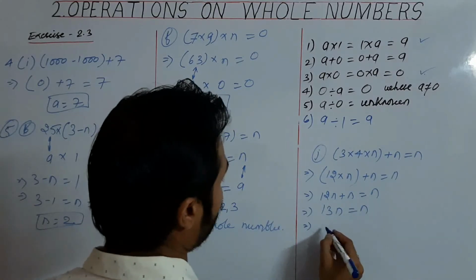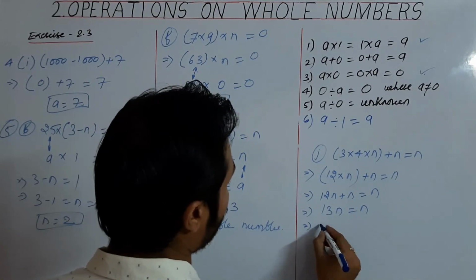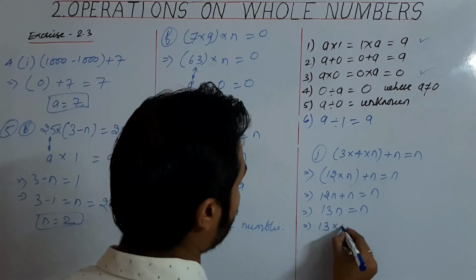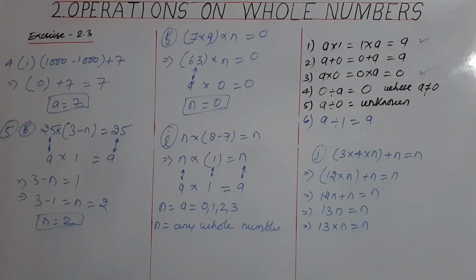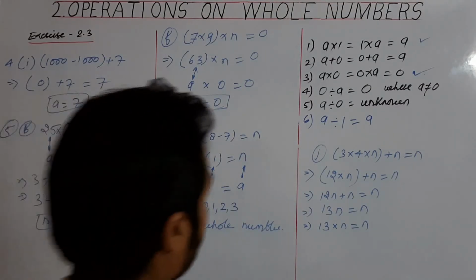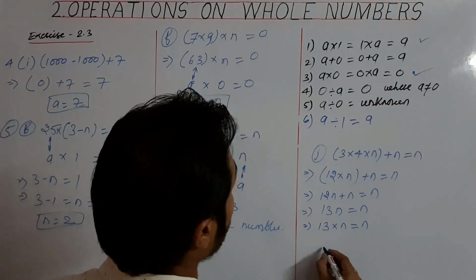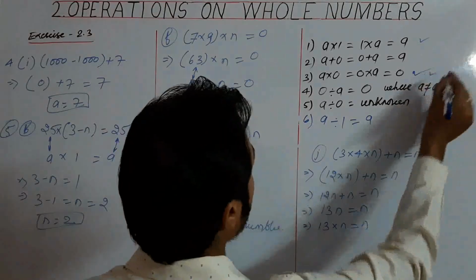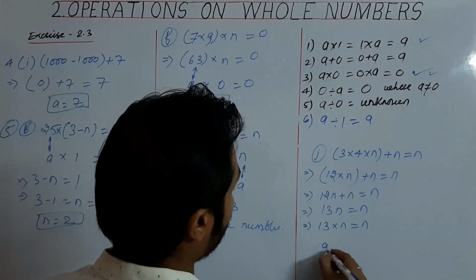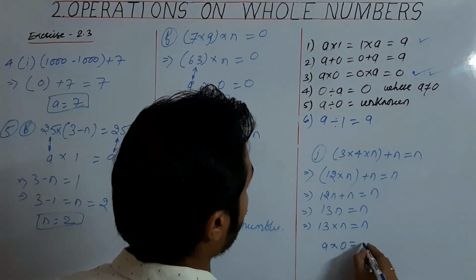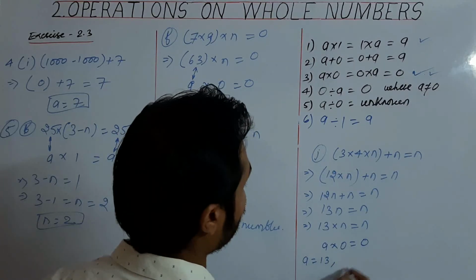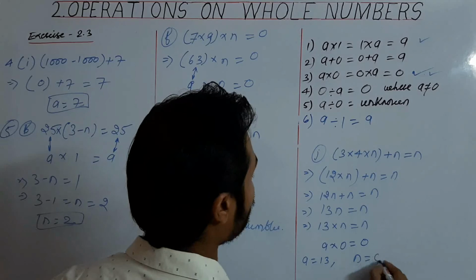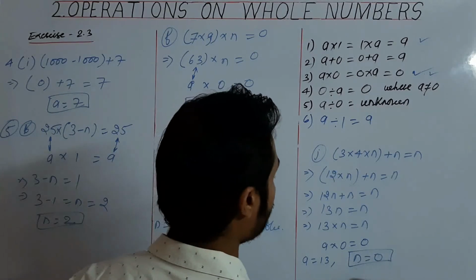Or for comparing, we will write 13 into n equals n. Now this is similar to the third property, a into 0 equals 0, where the value of a is 13 and the value of n will be 0.